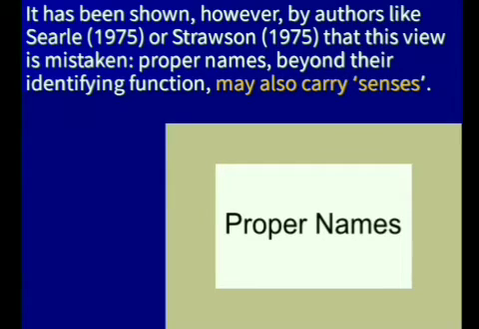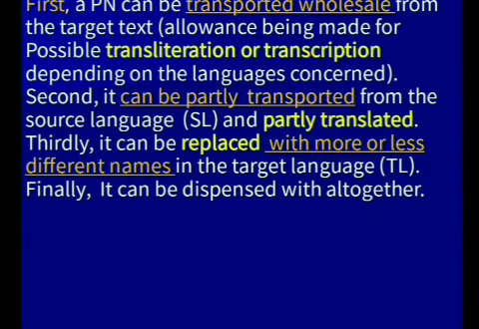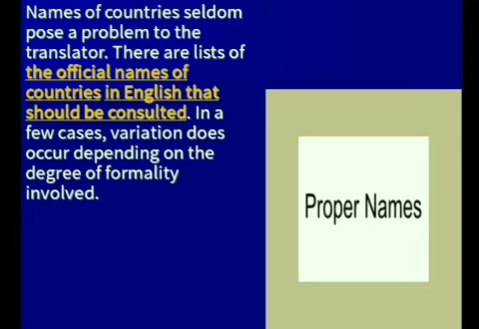They carry sense. They have meaning. They say transliteration or transcription can be used, or they can be partially translated, or replaced with different names in the target language. So they can be transliterated, partially translated, or fully rendered into the target language.